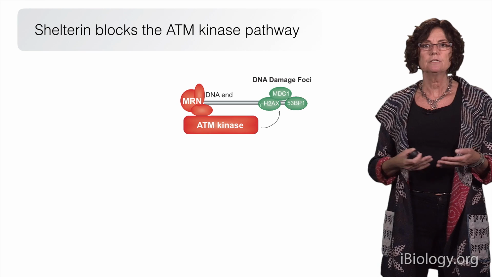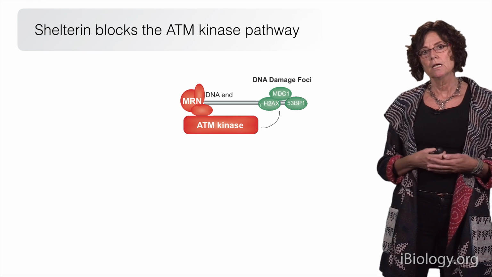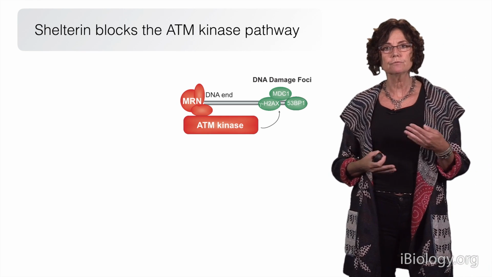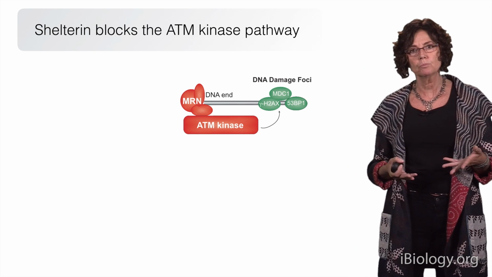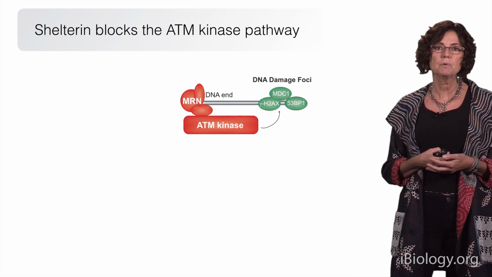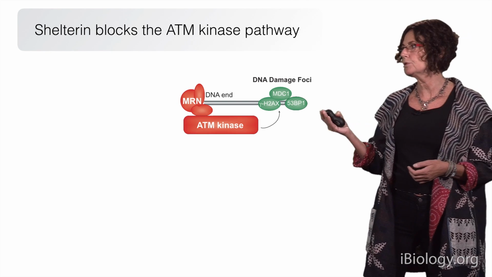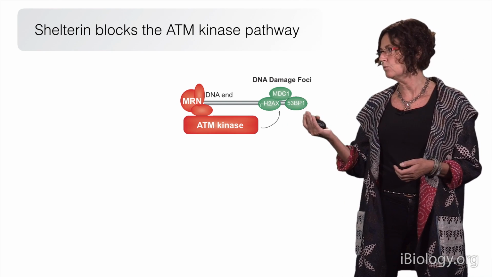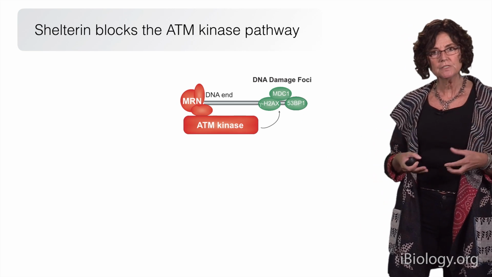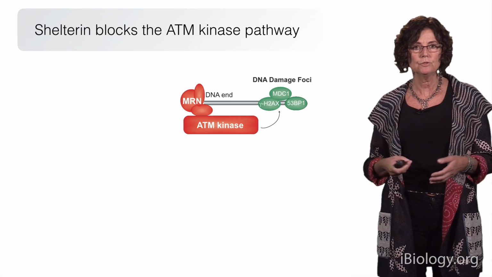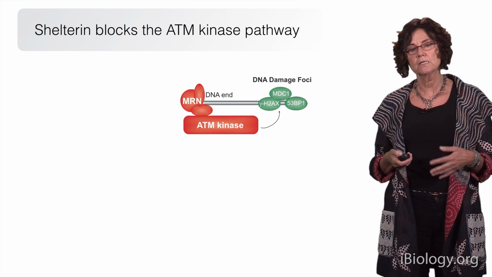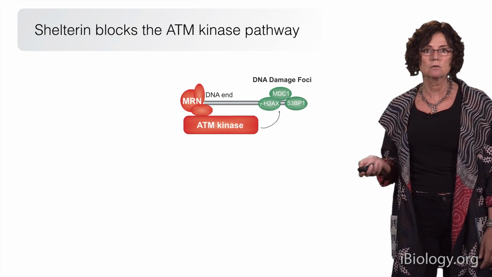This will guide repair to that break and control the repair reaction so that the appropriate repair takes place, depending on the cell cycle. I want to point to one protein here, 53BP1, which is a component of these DNA damage foci that we'll use as a marker for ATM and ATR kinase signaling in this talk.